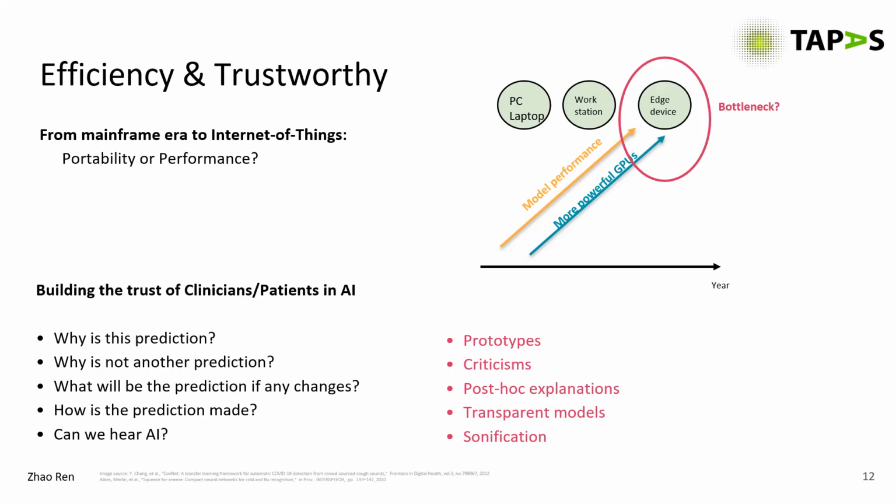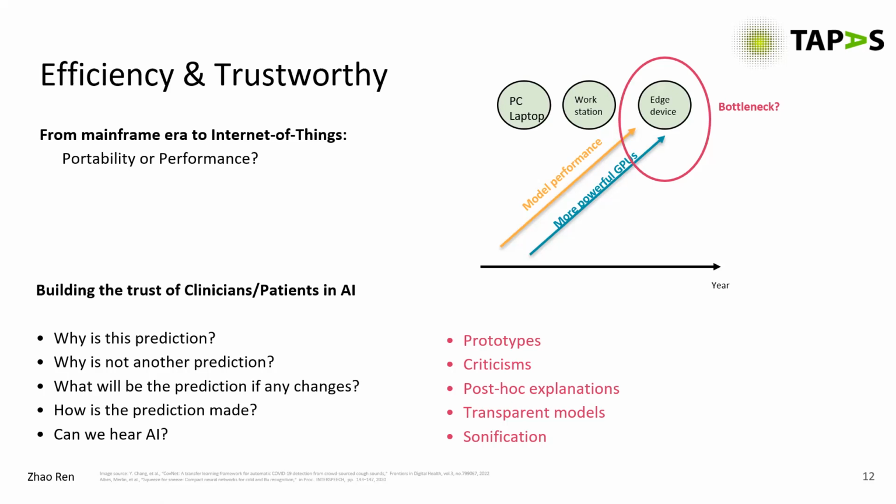Then there are several methods to be used, such as post hoc explanations like LIME and SHAP. How is the prediction made? We may implement transparent models such as decision trees. There are also many other methods to answer all of these questions. I think this technology is still ongoing. What will be the best explanations for clinicians and patients?